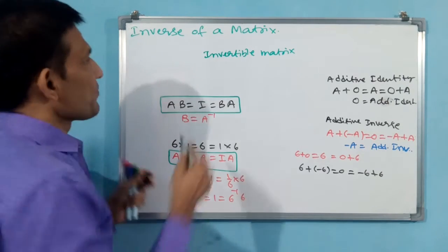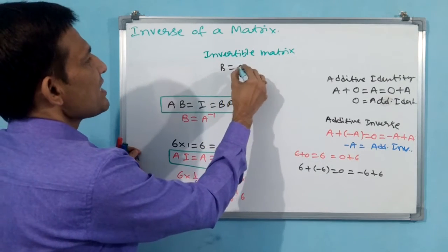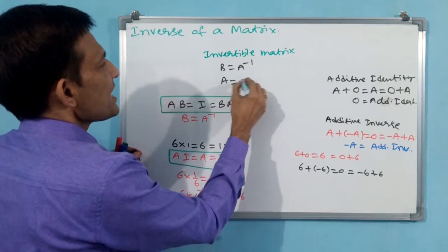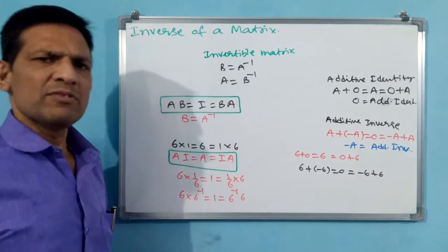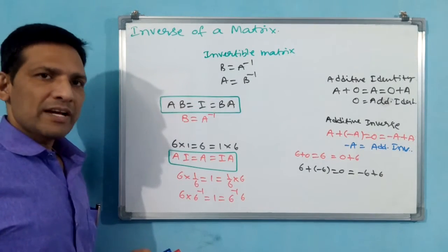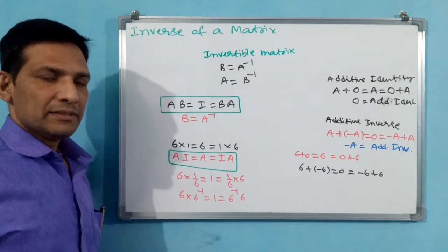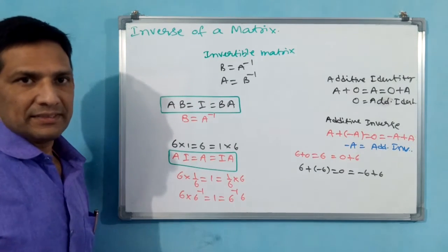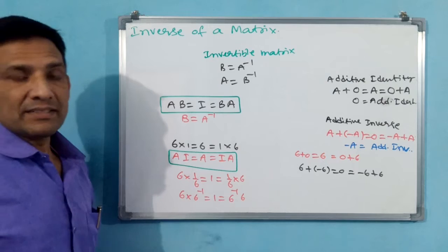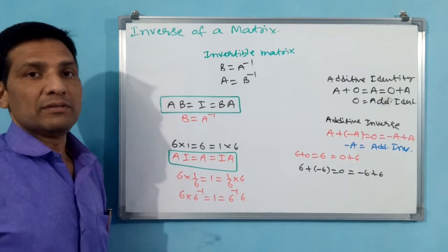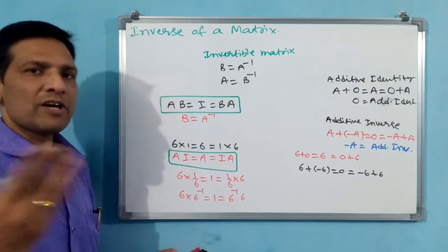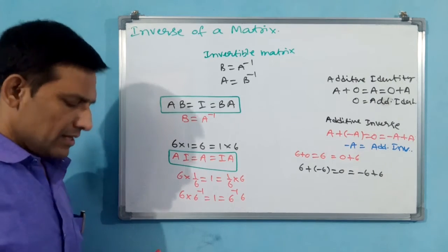Here B is A inverse. But shall I write A is equal to B inverse? Definitely we can write. A is the inverse of B, B is the inverse of A. These two are invertible matrices. But all matrices are not invertible. Some matrices don't have an inverse.